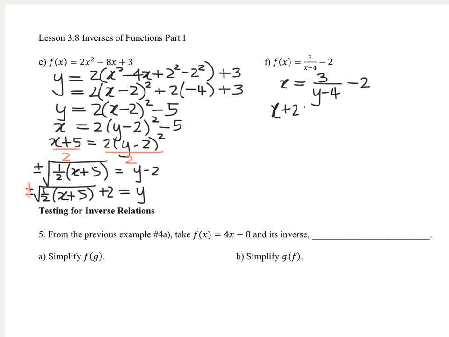So we have x plus 2 equals 3 over y minus 4. And then in order to get this y minus 4 out from the denominator of this rational, we are actually going to take both sides and multiply by the entire denominator, y minus 4.